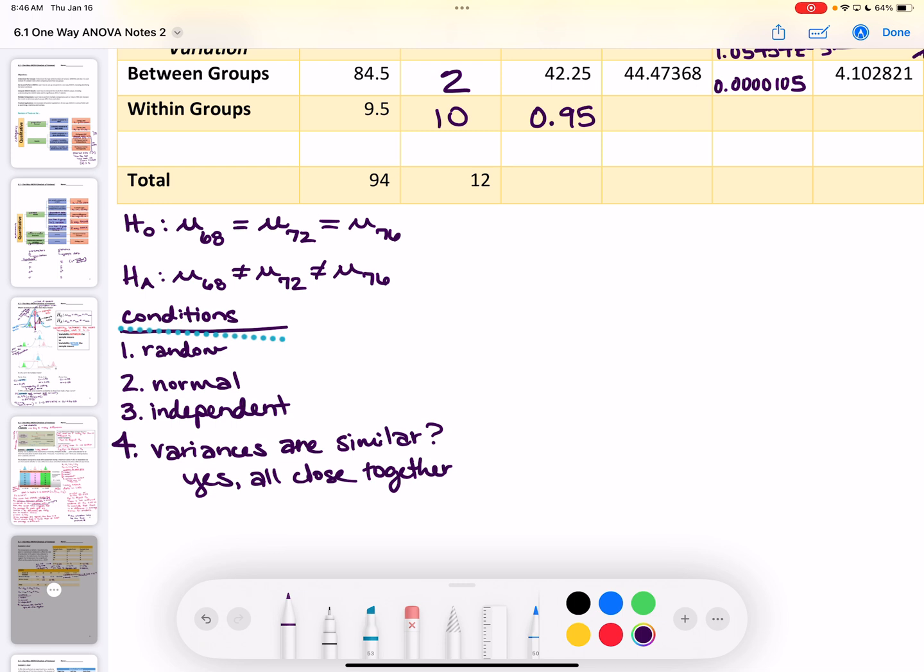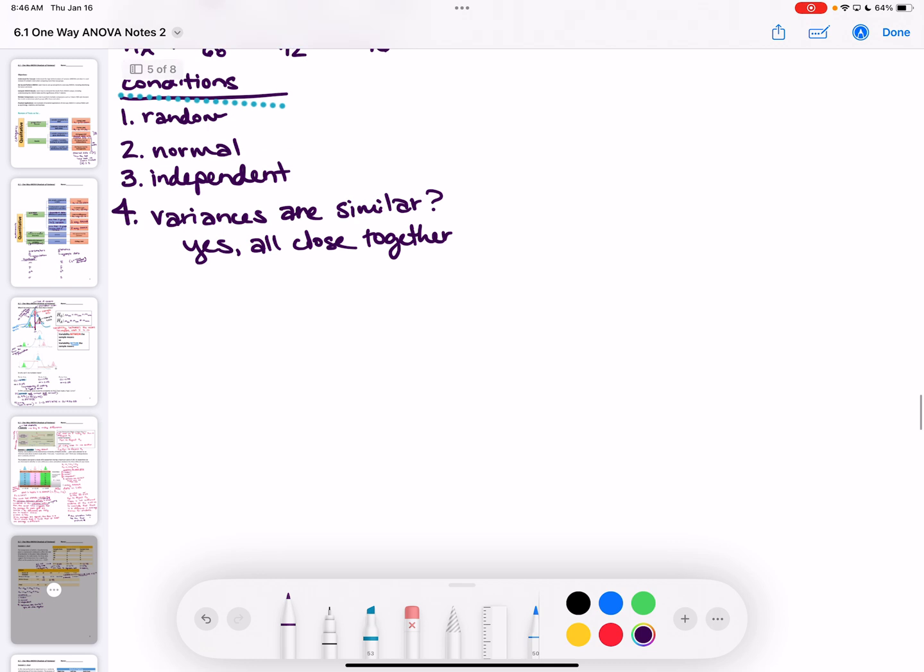I think those are all close together. Okay? You don't have to give me the calculator instructions since we did this on Excel, but I do want you to tell me what type of test this is. So this is a One Way ANOVA. That's also known as single factor ANOVA. And what is my test statistic? My test statistic was about 44.47. Is that a big number or a small number?